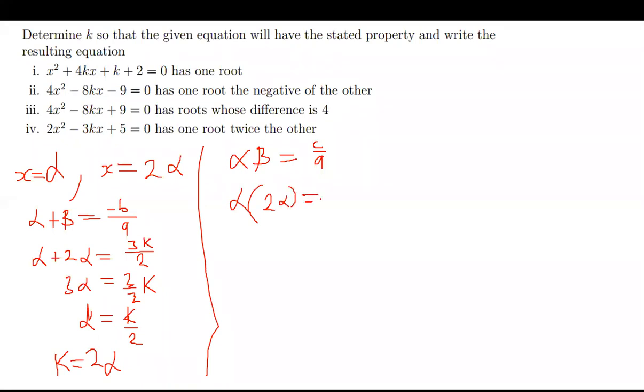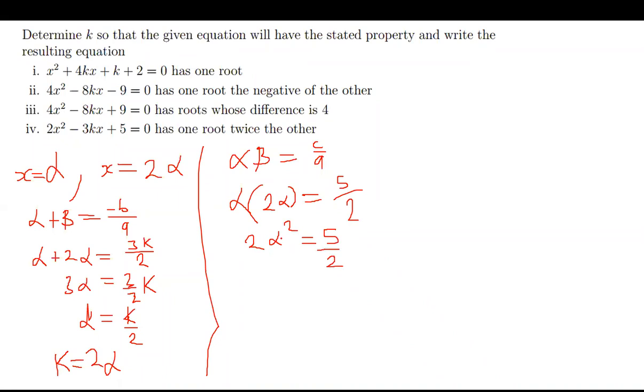Then this is equal to, our C there is 5, and then our A is 2. So what we have is 2 alpha squared being equal to 5 over 2.